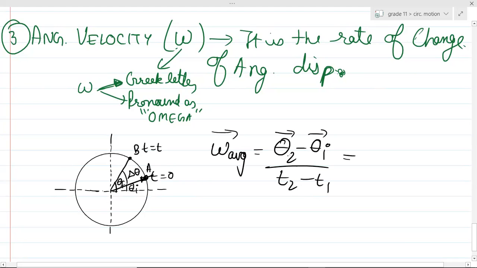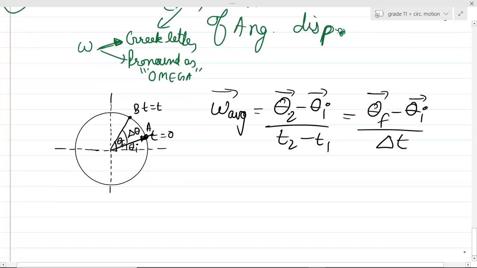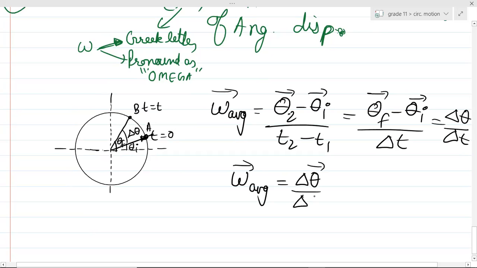So basically, the final is theta f minus theta i divided by delta t. Is this clear? So can you see this is nothing but delta theta? So always remember the average angular velocity is nothing but delta theta by delta t.